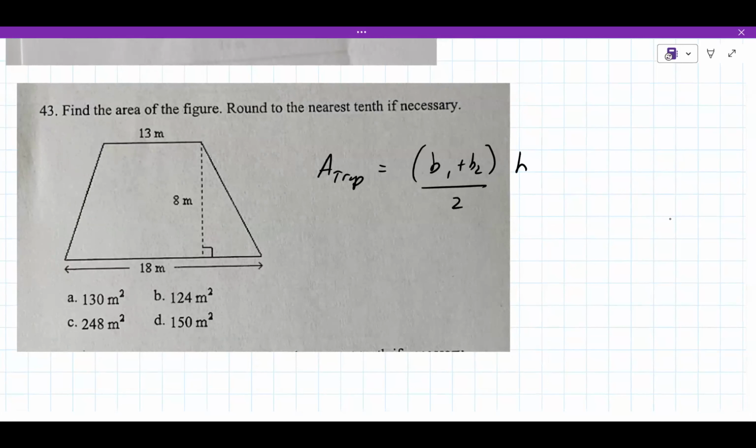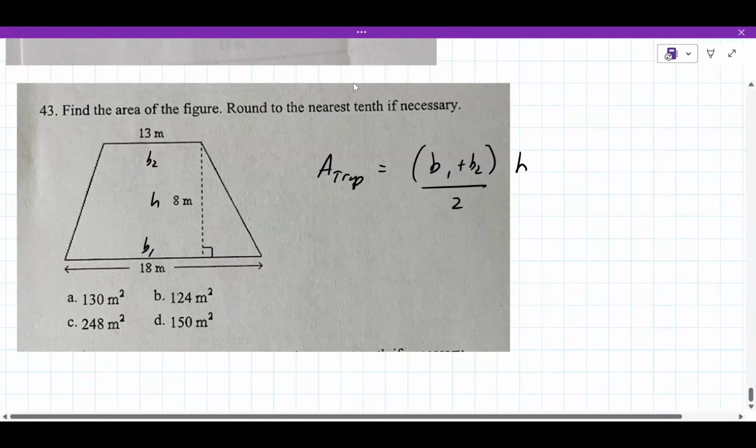Bases are parallel: base 1 down here, base 2 up here, and there's the height. So I would do 18 plus 13, divide that by 2, and then times 8, which gives me 124 meters squared for area. Good.